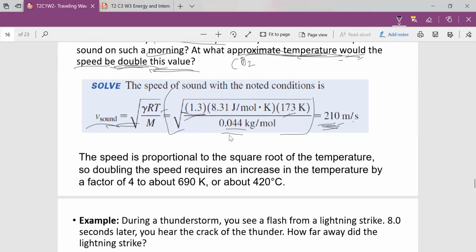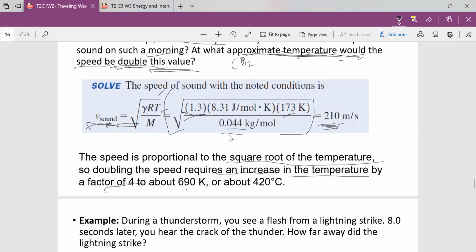From the formula, we can see that the speed is proportional to the square root of temperature, right? The rest are constant typically. So to double the speed, an increase in temperature by a factor of 4 is required, because this is already the square root.